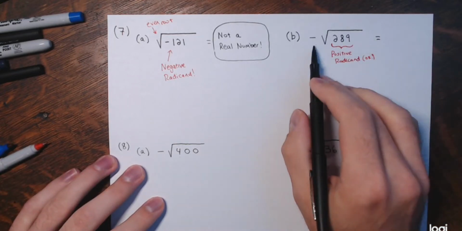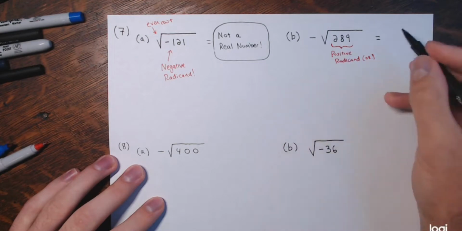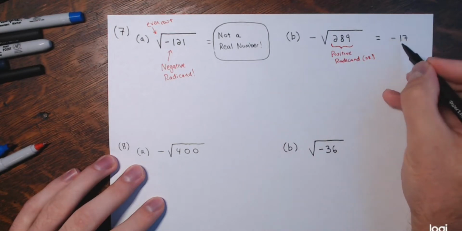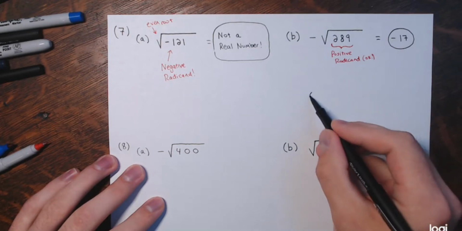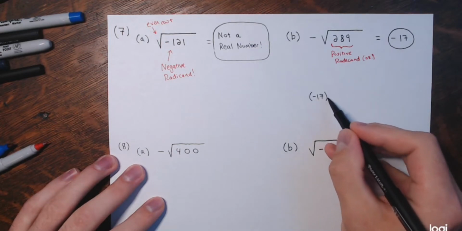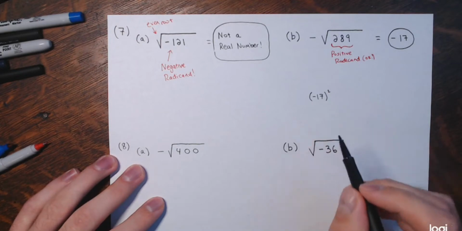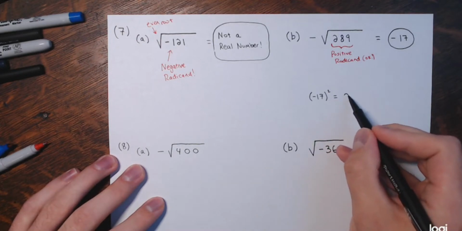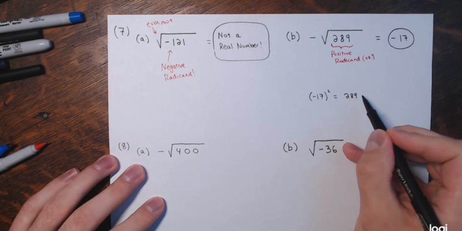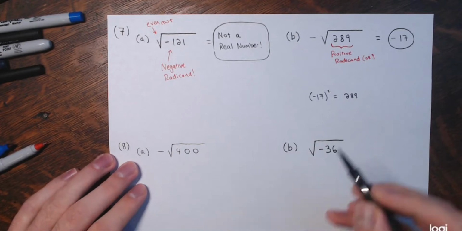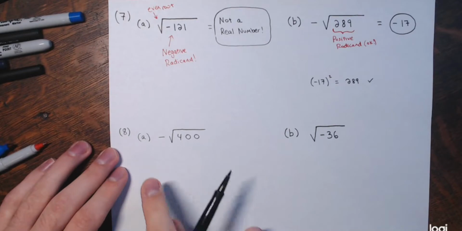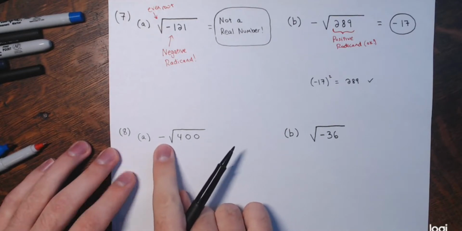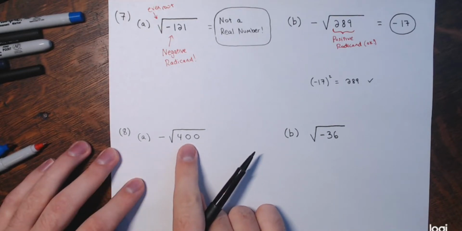And what's the negative square root of 289? That's negative 17. And let's check that. Take negative 17, square it, right? Negative 17 times negative 17 would indeed be positive 289, and I leave it to you to test that out. Great. And number 8, part A. Notice, the radicand is positive, right? So it's fine.